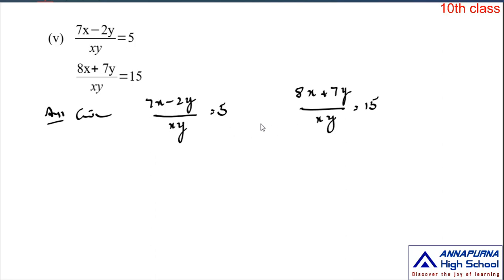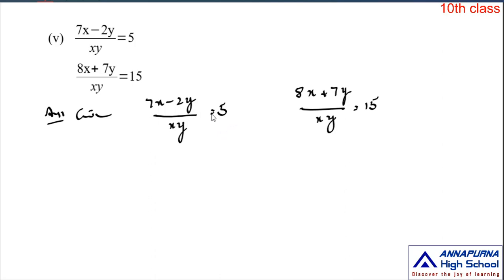So that's why here I do one thing. If you observe the first equation, 7x minus 2y by xy is equal to 5, this is the given first equation.